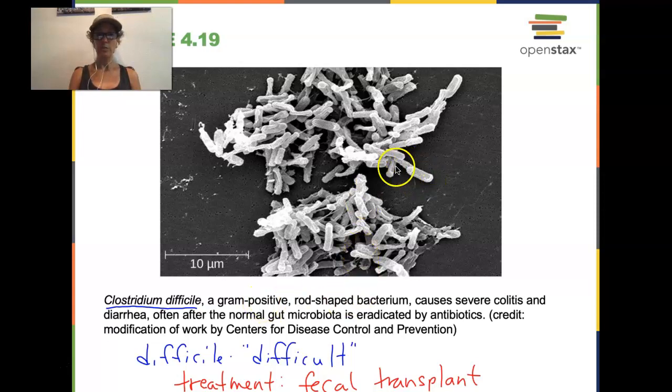It's rod-shaped, so it's a bacillus. It causes severe colitis, so an inflammation in the colon. And it often happens because the normal gut microbiota has been destroyed by antibiotics. So overuse of antibiotics could certainly cause this.